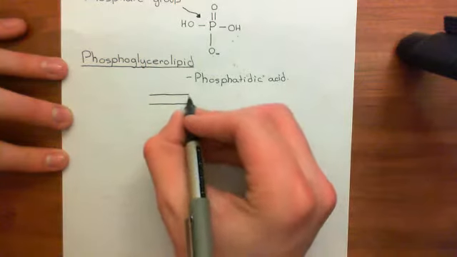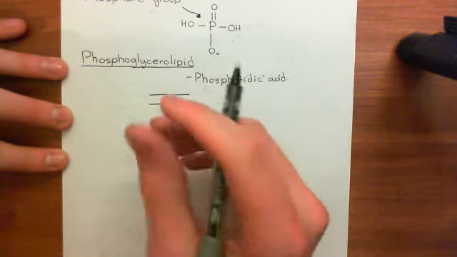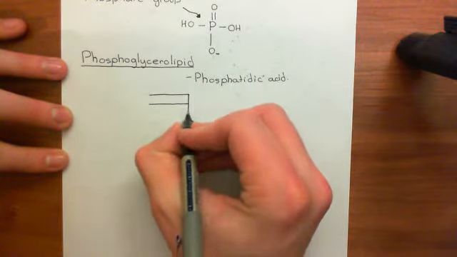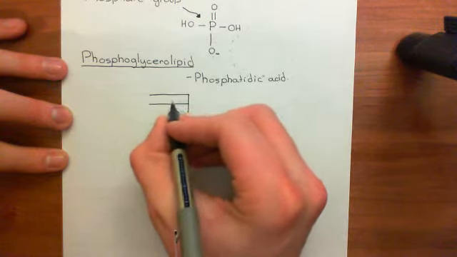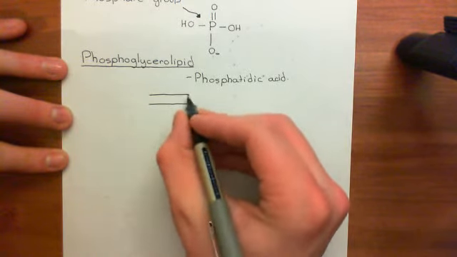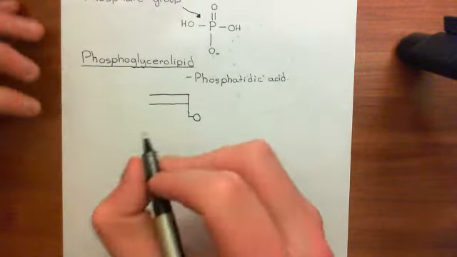There are many different carboxylic acids which have extremely long hydrophobic tails. So this doesn't mean stearic acid necessarily, it means any old long-chain carboxylic acid. Then you've got a glycerol molecule, and then you've got a phosphate group attached up here.